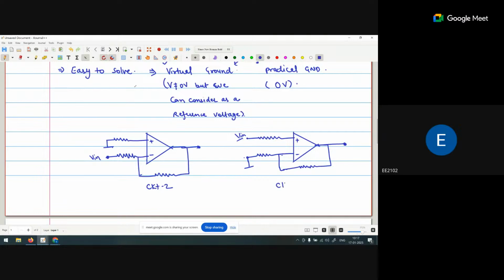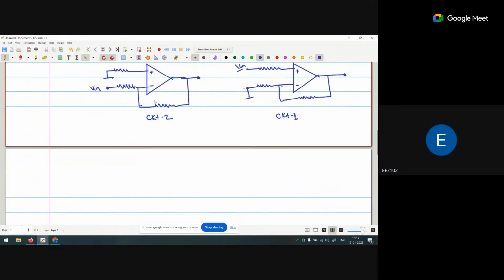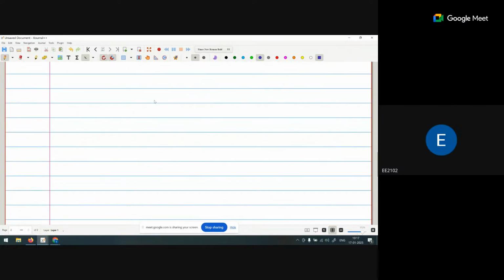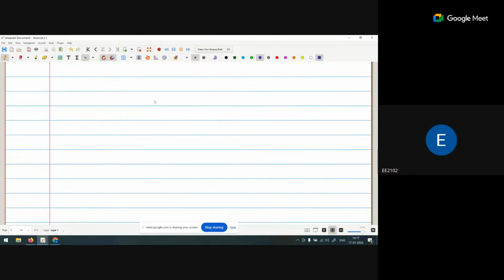In both cases, check that this will be a negative feedback. How do we check whether it is a negative feedback or positive feedback? Like I have a circuit.